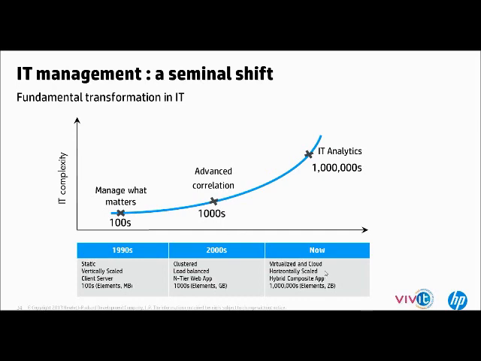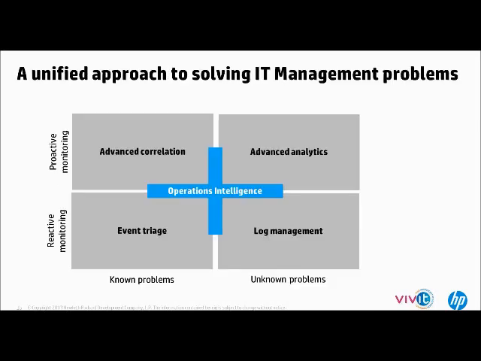But now, with the introduction of virtualization and cloud, the scale has exponentially increased. And it is time for us to now do analytics and not just correlation, analytics and prediction, in order to make sense out of this huge amount of data that is being generated by IT management tools.